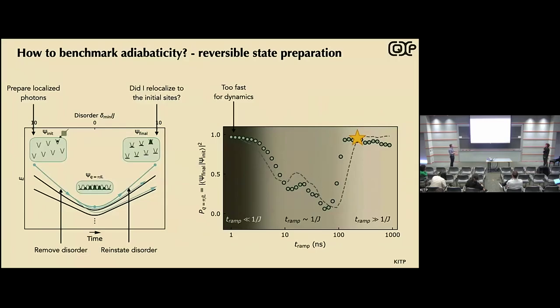Right here, we're using an exponential ramp, so we're going fast at the beginning when the energy differences are large, and then slow when they get very small. And by T ramp, we're just varying that same shape. So it's hard to say where that's coming from because it's also very ramp dependent.